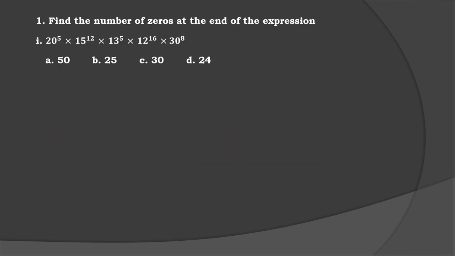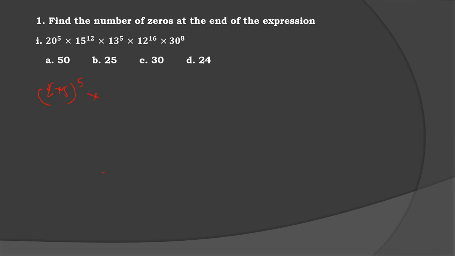Now coming to the first question. From this expression we pick only the 2 powers and 5 powers. For that we are doing factorization. Let's start with 20 power 5. 20 can be written as 4 into 5, and 4 is 2 square, so 2 square into 5, whole power 5.